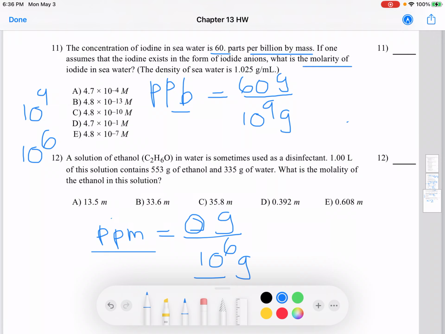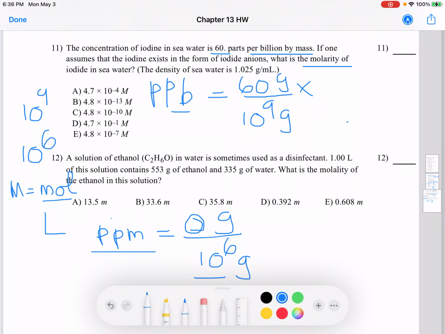So what are our molarity units? Big M, molarity, is normally moles per liter. So our goal is to convert this unit, both grams in the up and down in the equation, to moles per liter. Let's see how we're gonna do that.